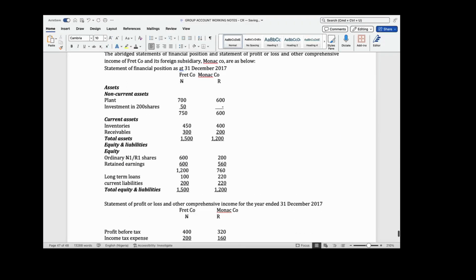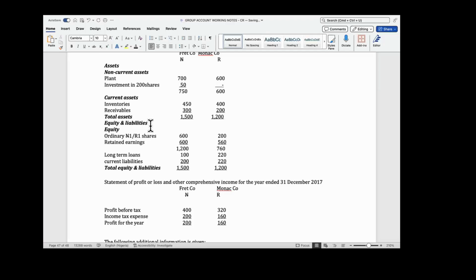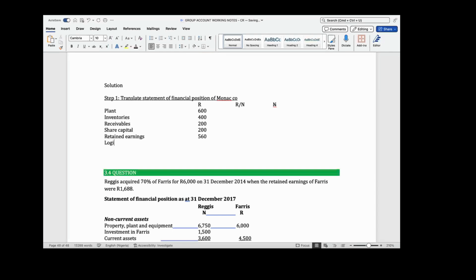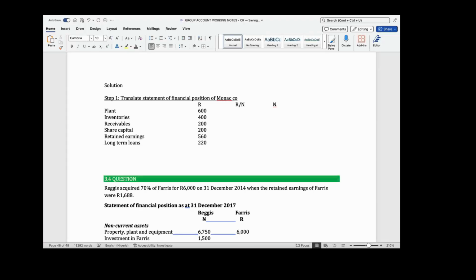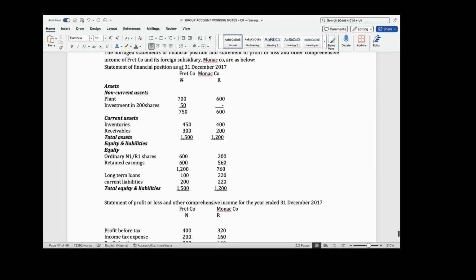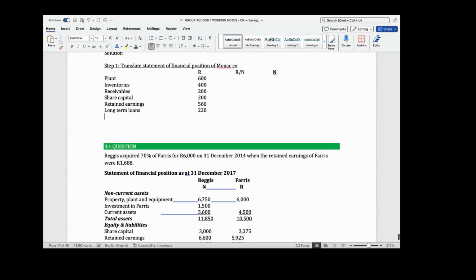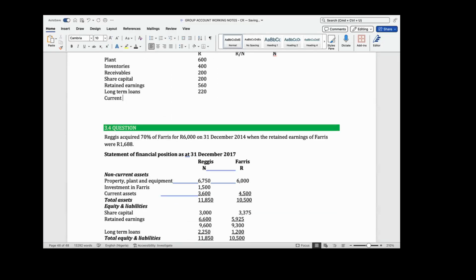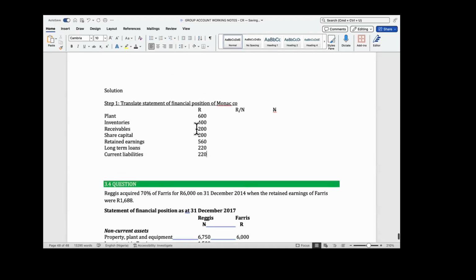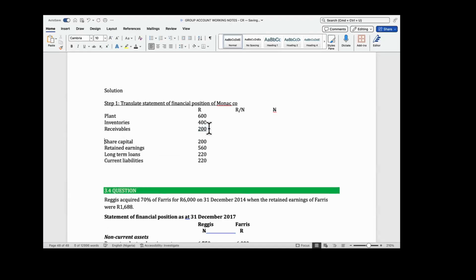The next item is long-term loans. And how much is that? 220. Current liabilities. And is also how much? 220. So let me just leave space for total assets.